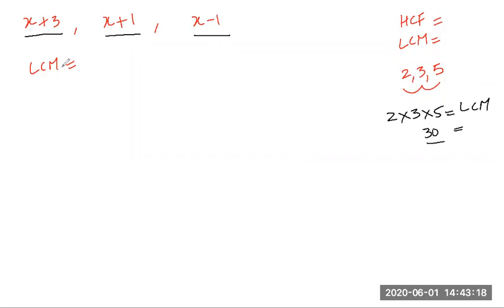Similarly, students, what will you do to find the LCM of these three where nothing is common? Multiply all 3, beautiful. So it is x plus 3 into x plus 1 into x minus 1.